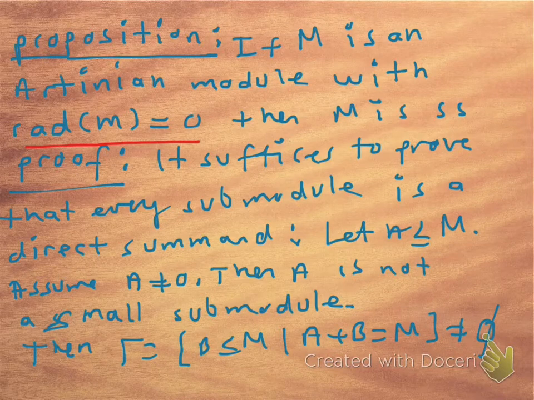Then the set gamma of submodules B of M whose sums with A are all equal to M is non-empty, right?